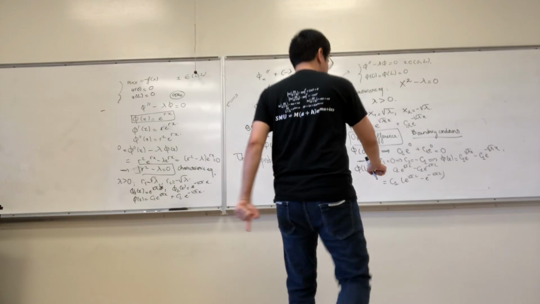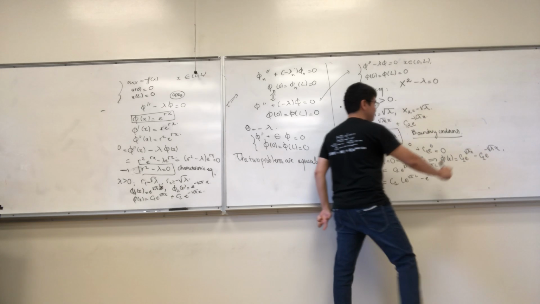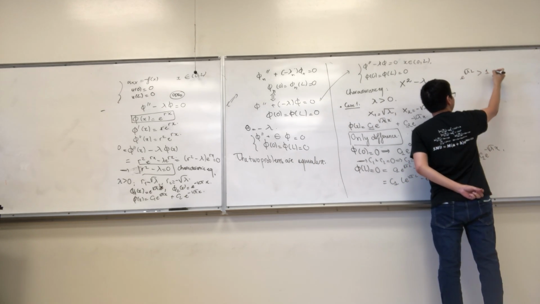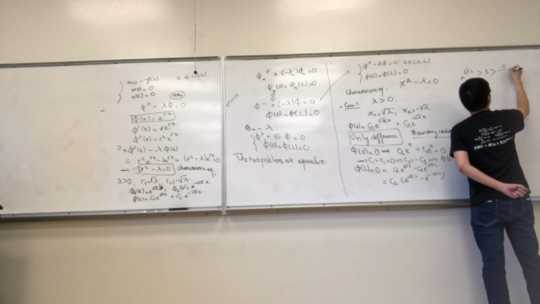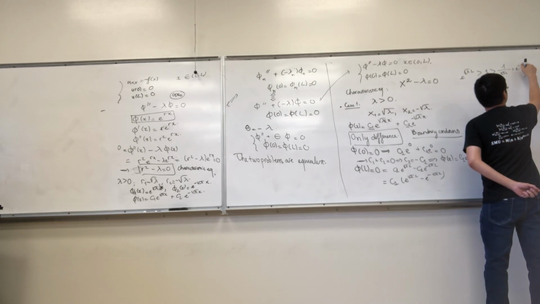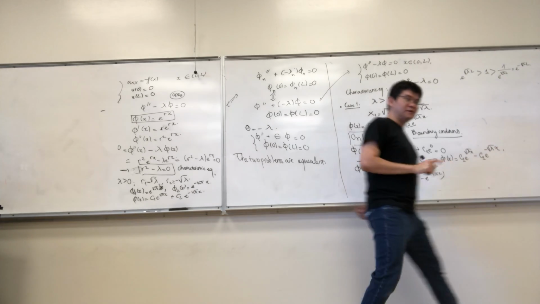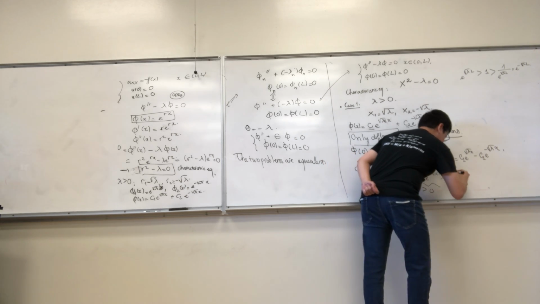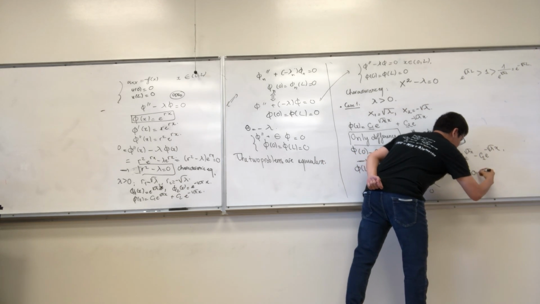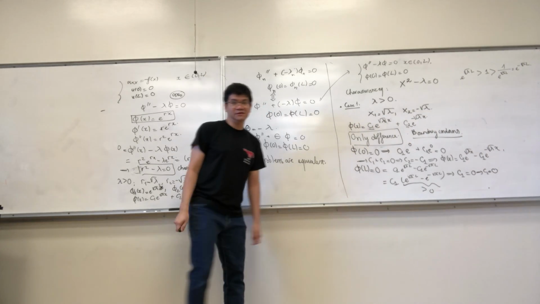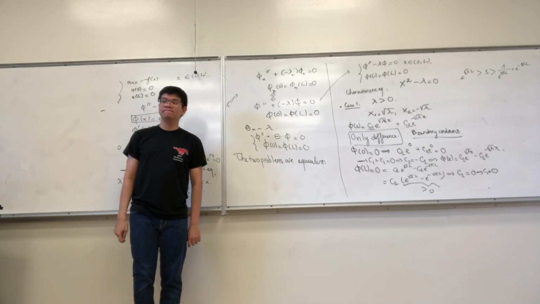So from the previous class, we know that this guy is positive because e to the square root of lambda L is bigger than 1, and this is bigger than 1 over e to the square root of lambda L, which is e to the power minus square root of lambda L. Right? This is strictly positive, which means that C1 is 0 and C2 is 0. So the solution is 0. We don't have anything in this case. Alright? Questions?